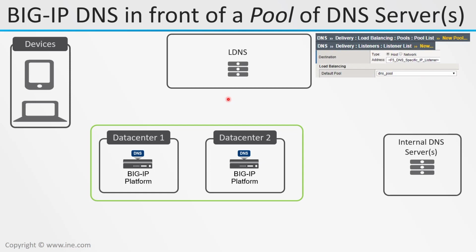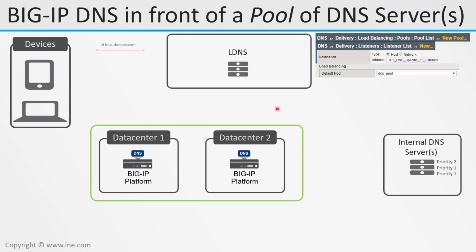In this case, instead of a transparent flow like the previous one, we now specify a specific IP listener of F5 DNS that is unique to the F5 DNS platform. The load balancing method under that is a new pool that we create, called DNS_pool as an example, and then you would configure in this case three IPs of those DNS servers.